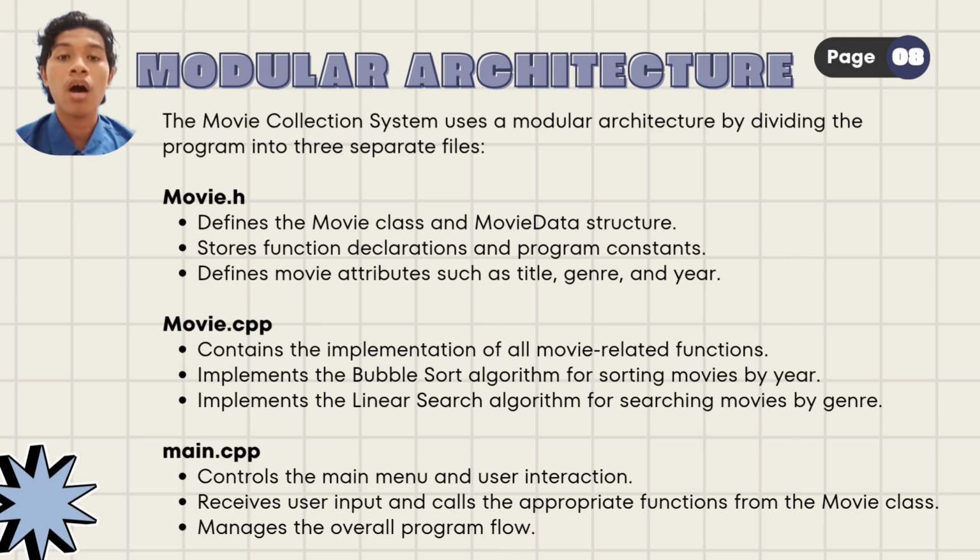It houses our actual logic implementation, loops, sorting and searching. Thirdly, main.cpp. It acts as our user dashboard, driving interaction through a do-while loop and switch case blocks. Now, let's jump straight into seeing the system interface live with Nur Azmina.